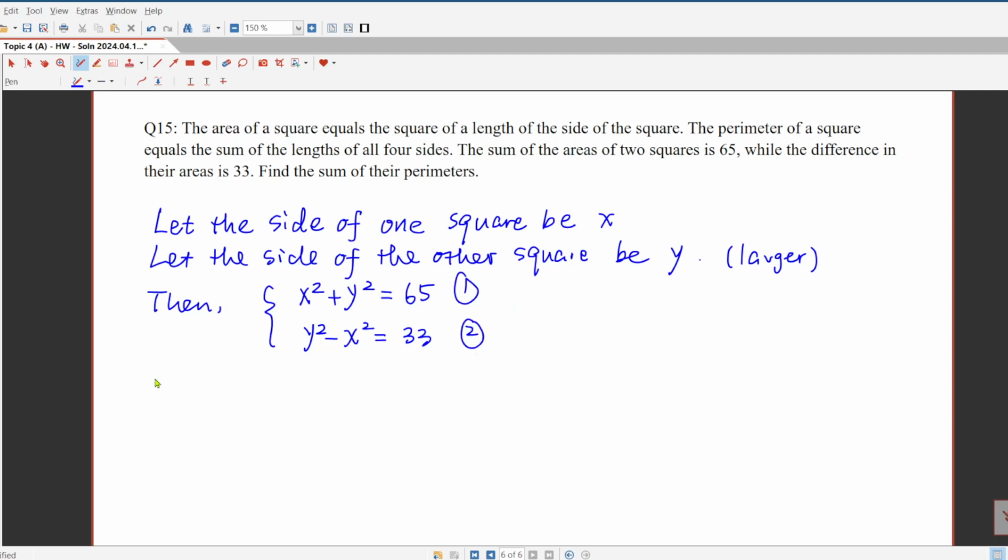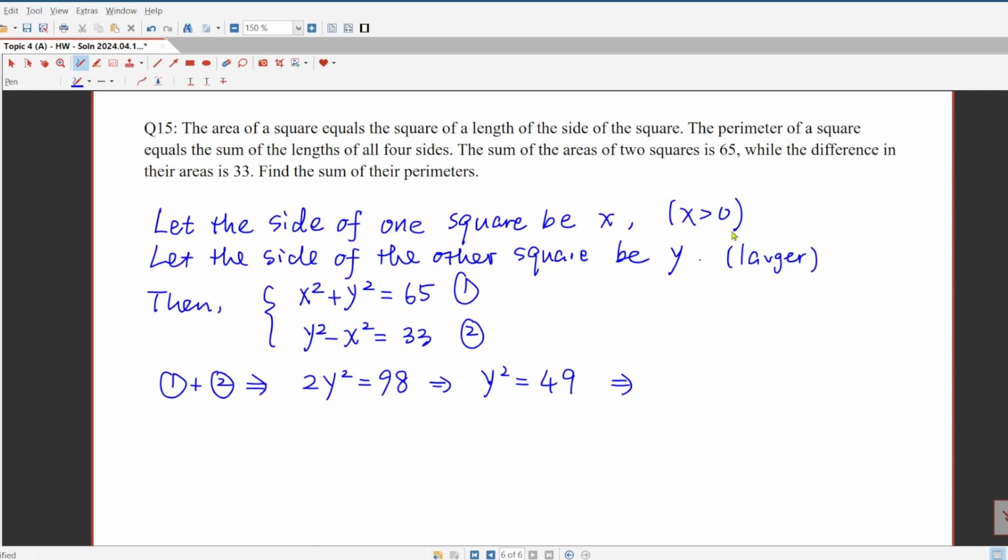For example, we could use equation number 1 plus equation number 2. And this gives us 2y squared equals 98. And of course, y squared equals 49. And also note that if the side of one square is x, x must be greater than 0, right? Because x cannot be 0 or a negative number.